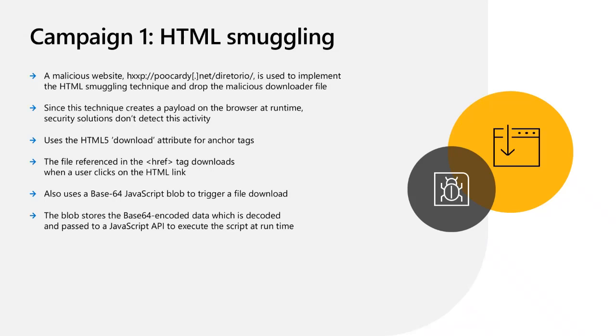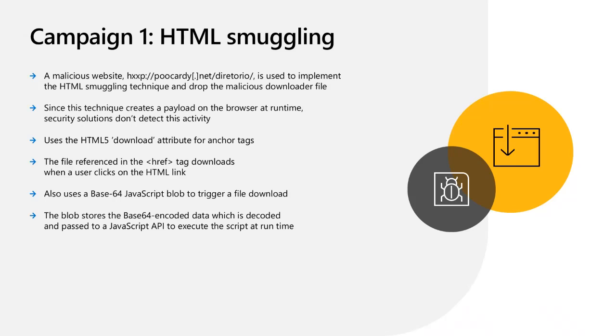When we saw the snippet of the email and clicked on the highlighted word, it redirects to this website, pocardi.net directorio, which is responsible for implementing the HTML smuggling technique. So it renders an HTML smuggling page which has 2 modules in it.